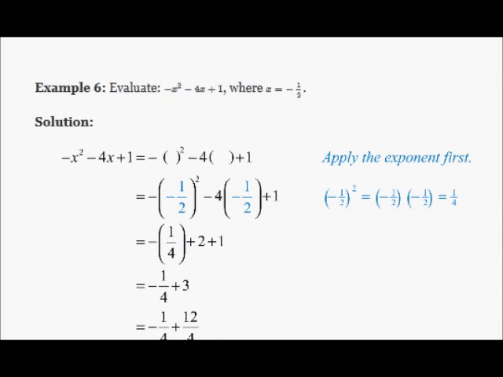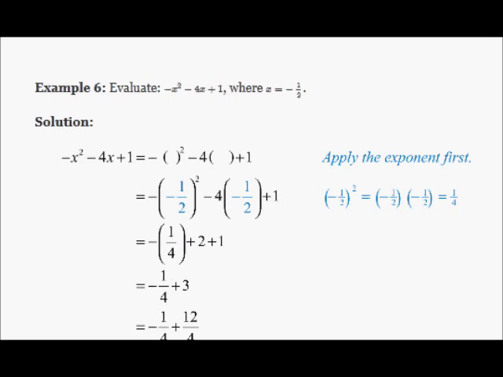Evaluate negative x squared minus 4x plus 1, where x is equal to negative 1/2. Okay, here we're getting a little bit complicated now. So here we have 3 terms. The first term is negative x squared. The next term is negative 4 times x, and the last term is just adding the constant 1.